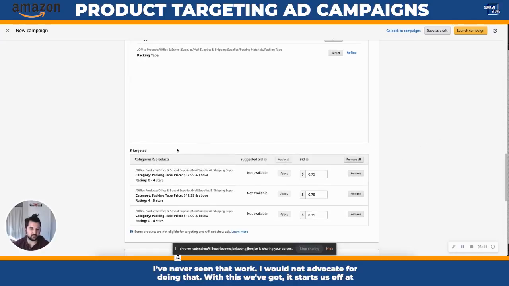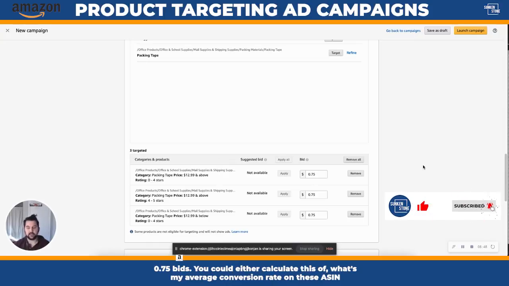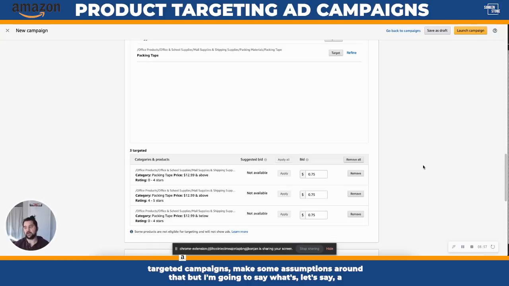With this, it starts us off with 0.75 bids. You could calculate this by asking what's my average conversion rate on these ASIN targeted campaigns and make some assumptions around that. But I'm going to say a conversion rate of 5% on the ones that aren't really good, so the higher price, worse reviews, or the better reviews, lower price.